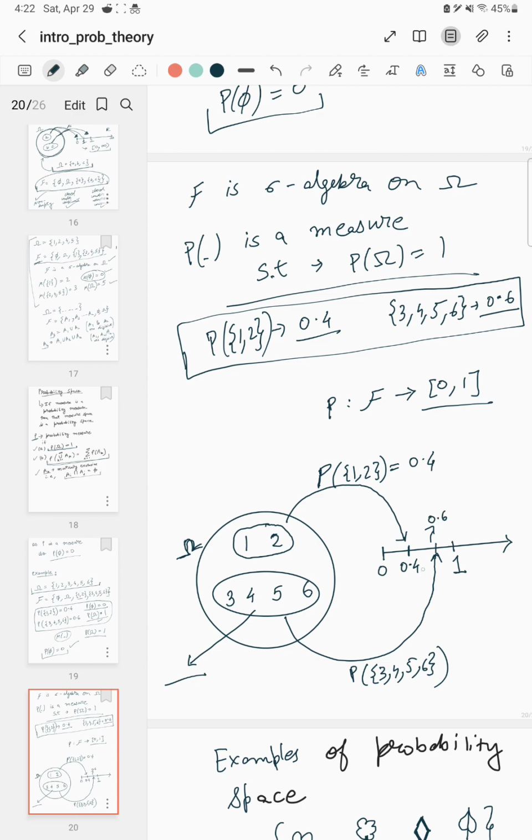Obviously, P of omega, which is any of these 6 values coming up on the dice, is equal to 1, and P of phi is 0. So this will give you a visual representation of probability spaces. So here the probability space is this.